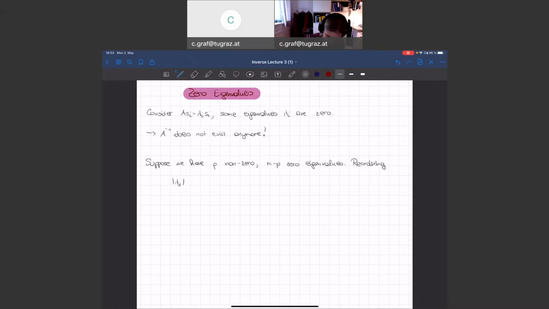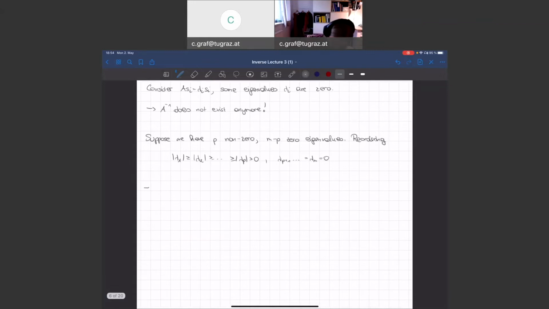And we say that the absolute value of lambda 1 should be the greatest, followed by lambda 2, and so on, with lambda p being the last that is greater than 0. And then all the others, so lambda p plus 1 up to lambda m, should be 0.